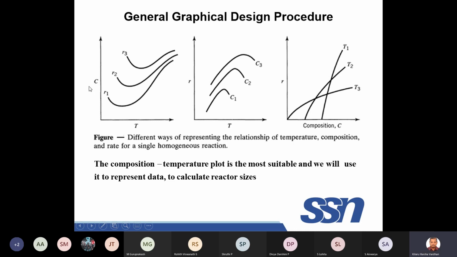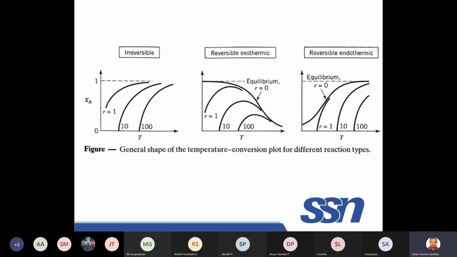So for the different XAs, you can draw the curves against T. That is what we will do next, to calculate the reactor size. Please listen carefully. Somehow I will try to teach it today itself, but we'll see how far it goes. Otherwise, we'll take it again.